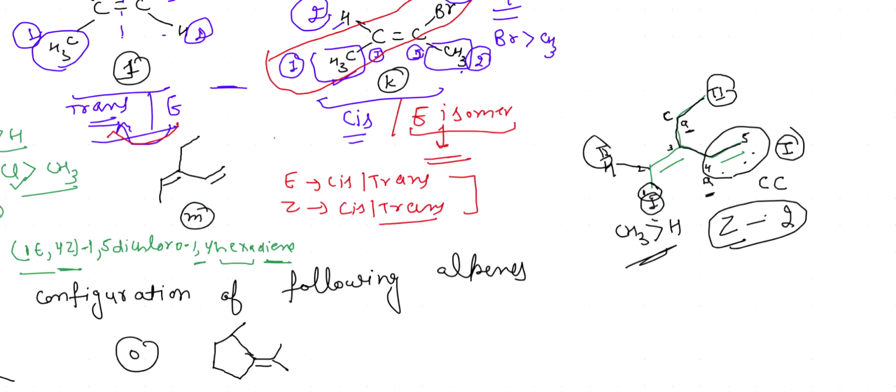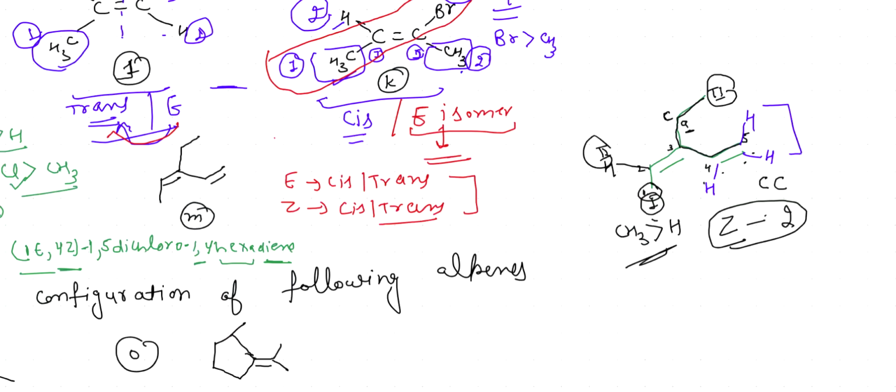If you look more clearly at carbon number 4 and 5, the bond between them is not a geometrical isomer because there are 2 hydrogen atoms here, and here is also a hydrogen atom. So it cannot be assigned as cis-trans or EZ configuration because this is not a geometrical isomer. So only carbon number 2 will be assigned as Z configuration.